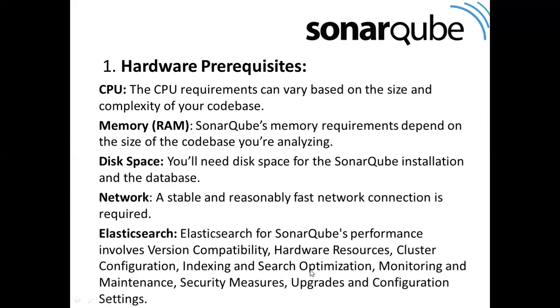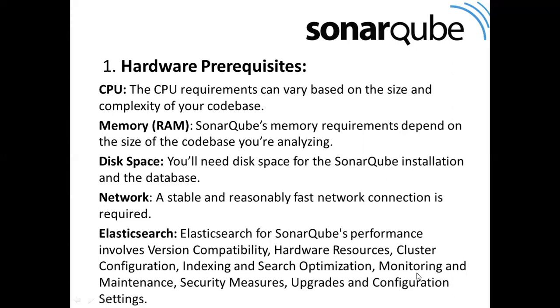Tune Elasticsearch settings related to indexing, such as replicas, refresh intervals, and merge settings, to balance indexing speed and search performance. Configure mapping and analyzers based on your data and search needs.